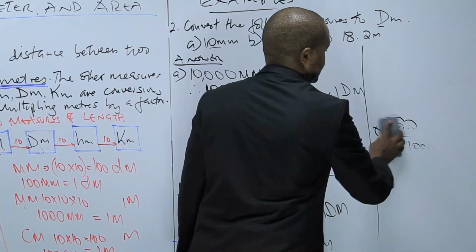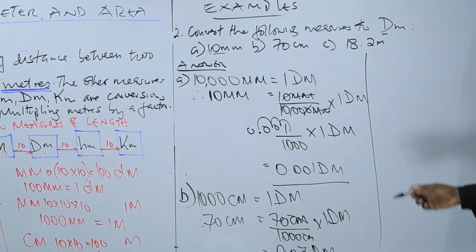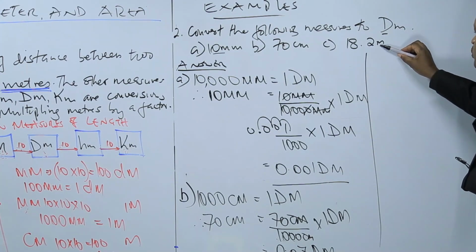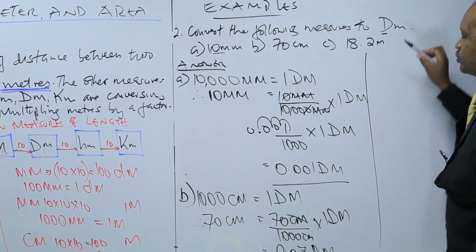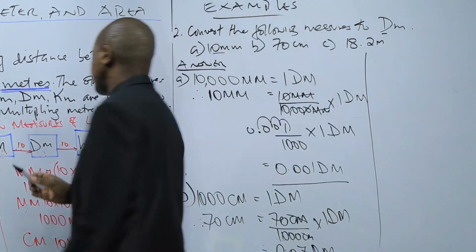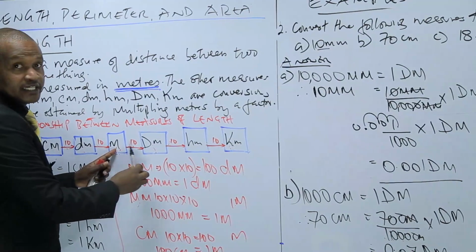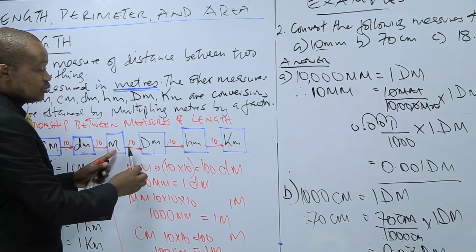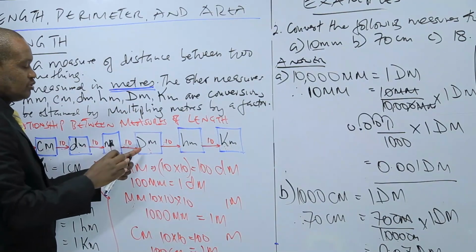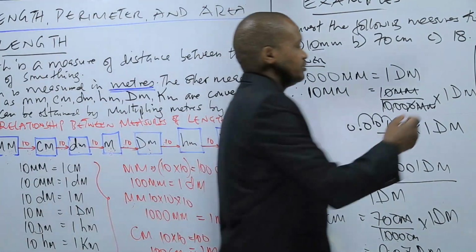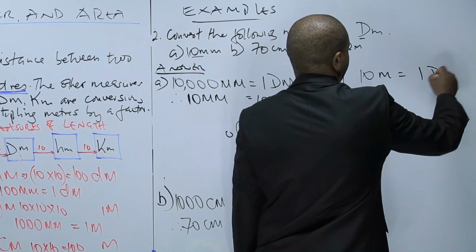Then learners, we want to convert 18.2 meters to decameters. So we come to the table again. How many meters make a decameter? Between meter and decameter there is 1 ten, meaning 10 meters is equal to 1 decameter.